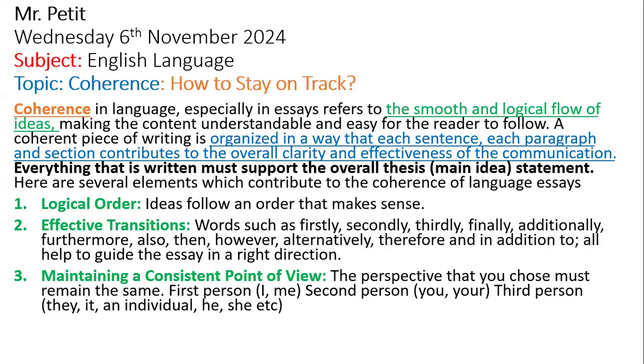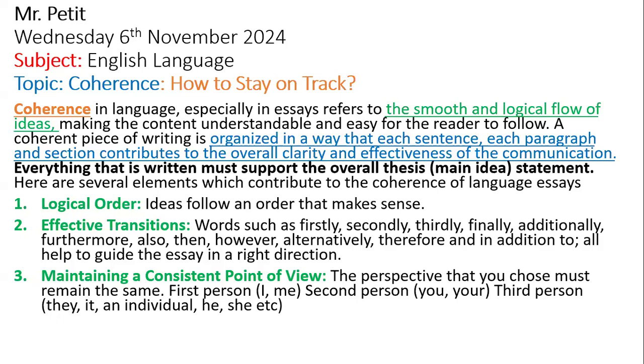So for example, you start off by saying an individual is better off saving $1 a day than spending money lavishly, right? You didn't say you are better off. You didn't say you should save. All you say is that an individual, all right? So you are very standoffish, right? You try to be as objective as you can. That's the third person, right?